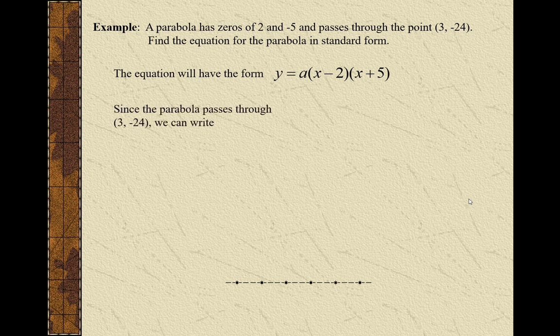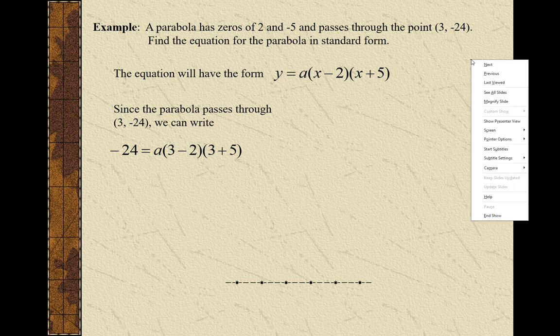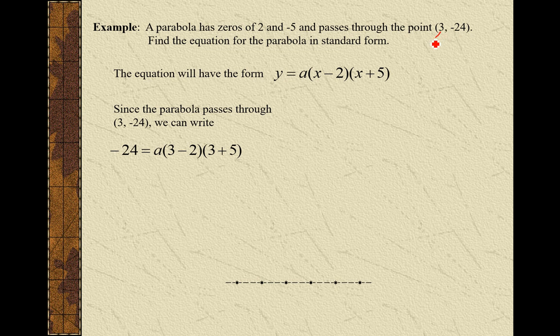Give that a stare down. I know it's a lot of algebra there, but just give it a stare down to go, oh, you didn't really do much of anything there. All I did was take this, I'm going to write it up here. I think you should write what I'm writing up here. I put the 3 there, and I put the 3 there, and I put the -24 over there as the y.